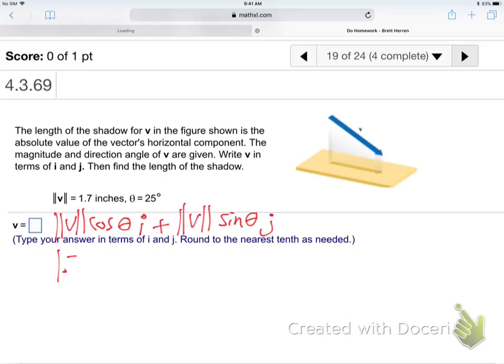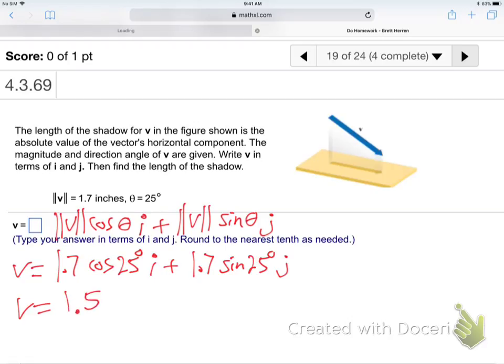So that's going to be 1.7 cosine of 25 degrees I plus 1.7 sine of 25 degrees J. Let's get those numbers. And I'm rounding to the nearest tenths. So I got 1.54, so 1.5 I plus 1.7 times sine of 25, 0.718, so 0.7 J.